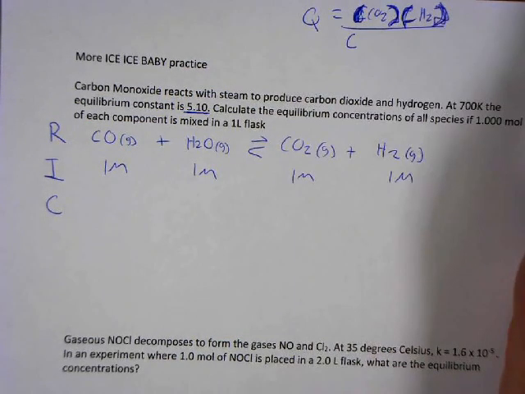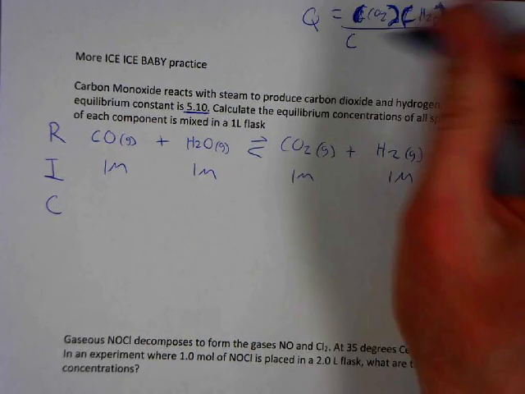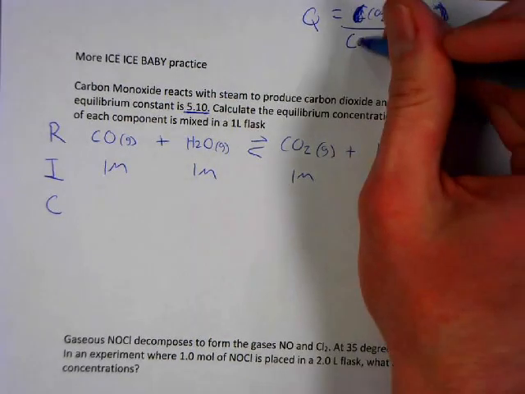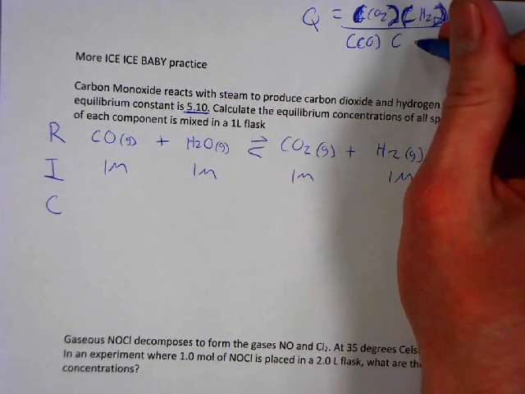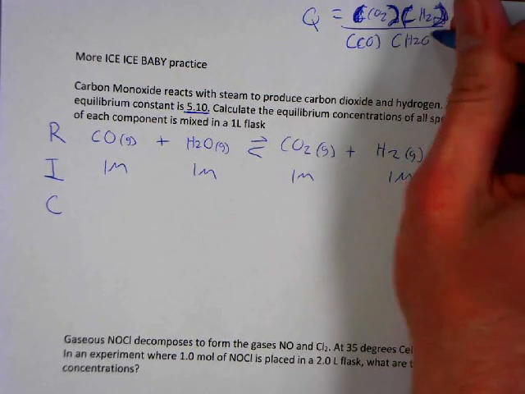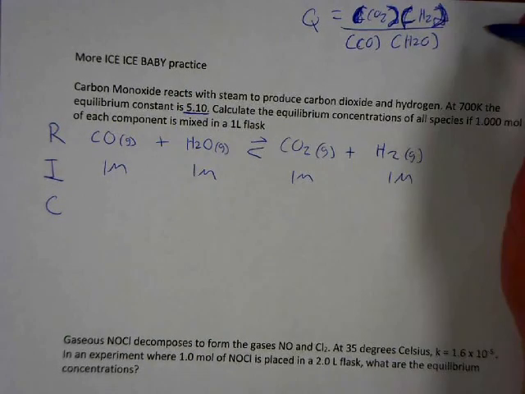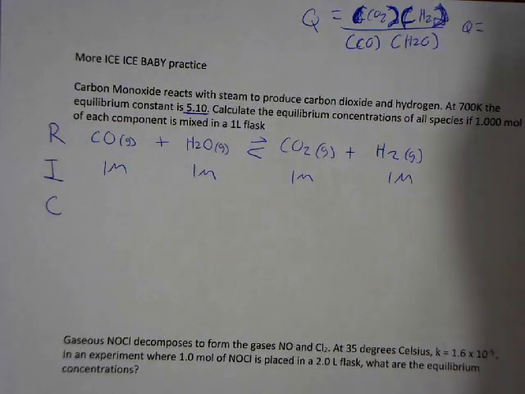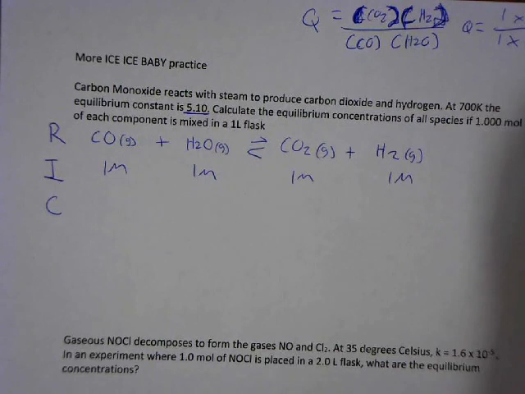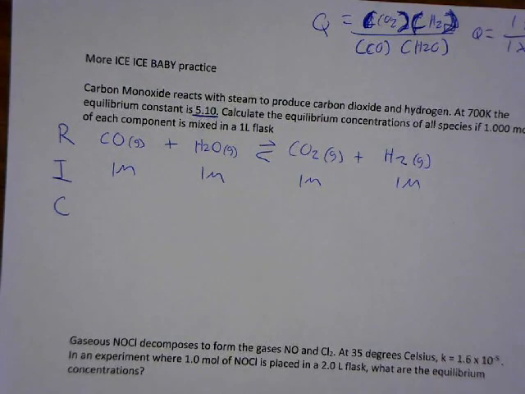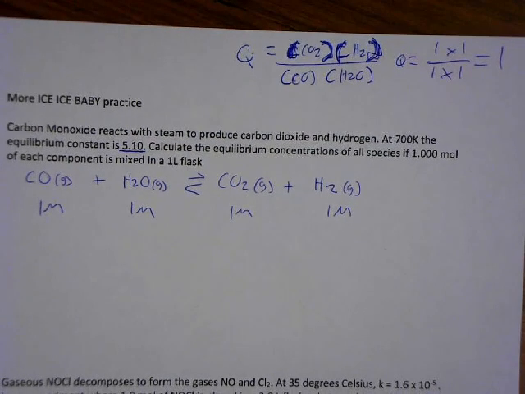These are gases. Now, I gave some pretty easy numbers here. Q equals 1 times 1 over 1 times 1, which equals 1.